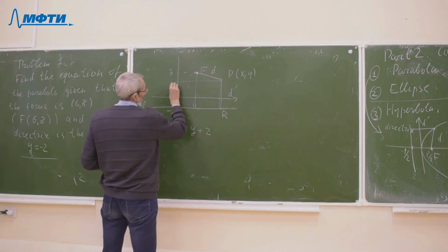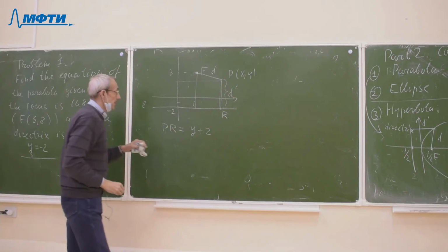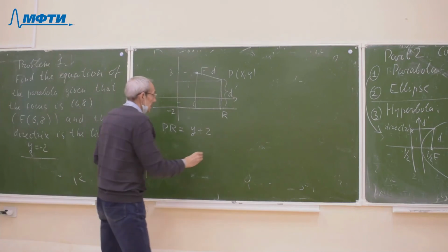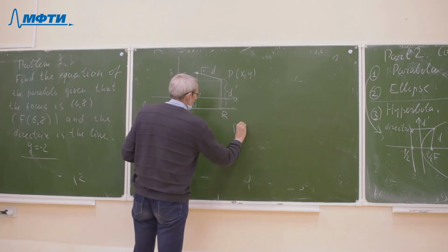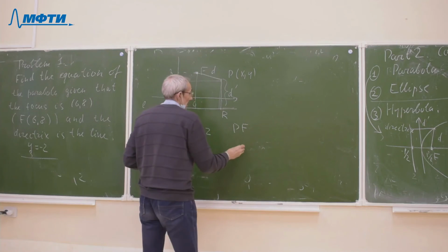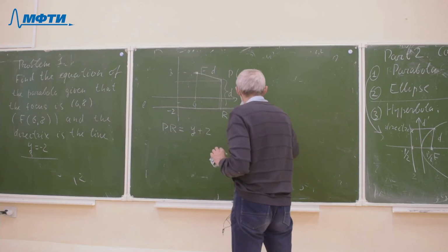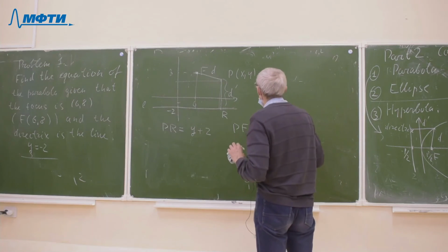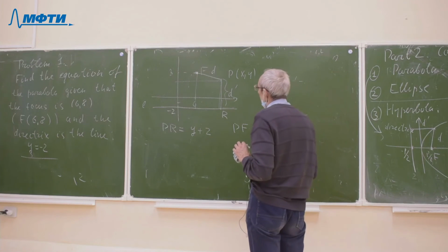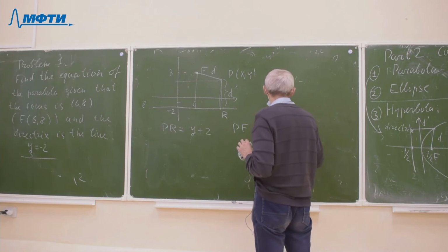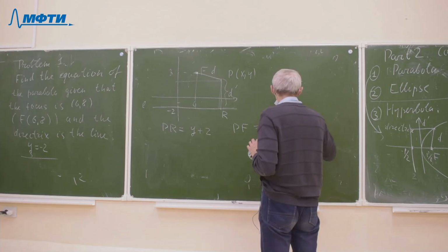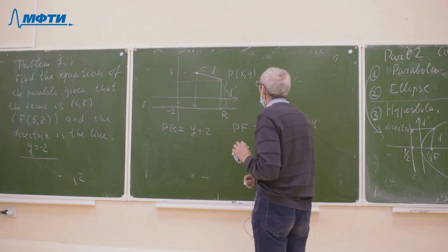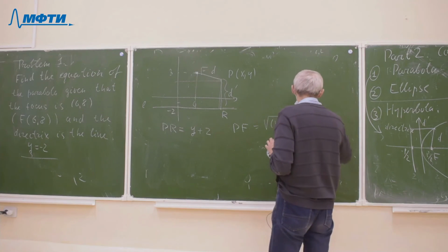Sorry, y plus 2. And PF is equal to the square root of (x minus 6) square plus (y minus 8) square.